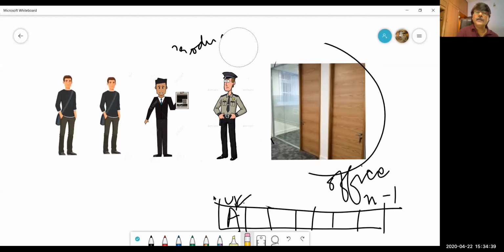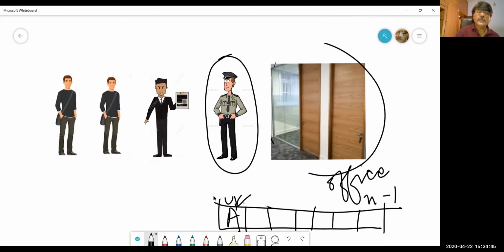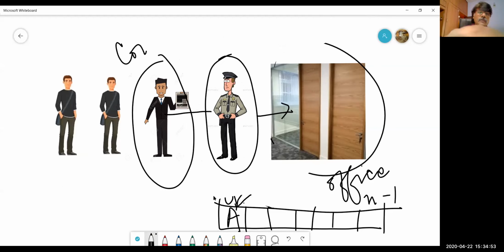So again, we are using a mechanism. Again, the security guard is not allowing the person to enter into the office. Rather, he will ask, what do you want? So this person says, I'm a consumer. The security guard says that you cannot access the buffer directly.